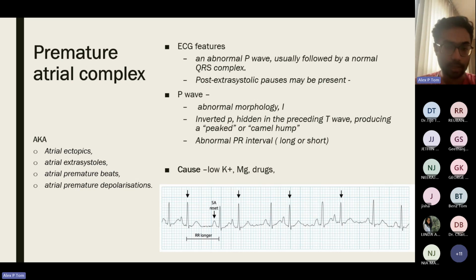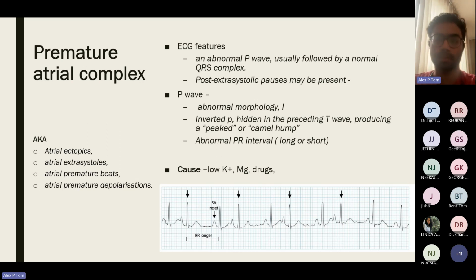The main key in this is the P wave morphology is different. It's not normal. So it's not the SA node dictating these rhythms anymore. It's a focus from somewhere else dictating these rhythms. Okay, so yeah.